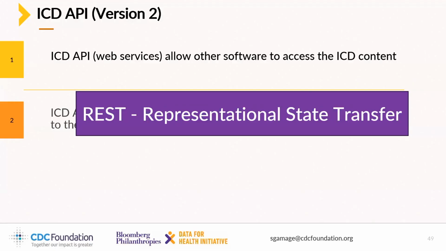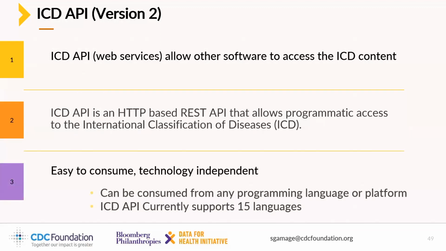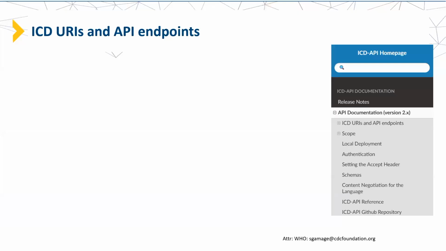It defines how clients can interact with resources over HTTP in a standardized, scalable way. Easy to consume, technology independent, and can be consumed from any programming language or platform. ICD API currently supports 15 languages.